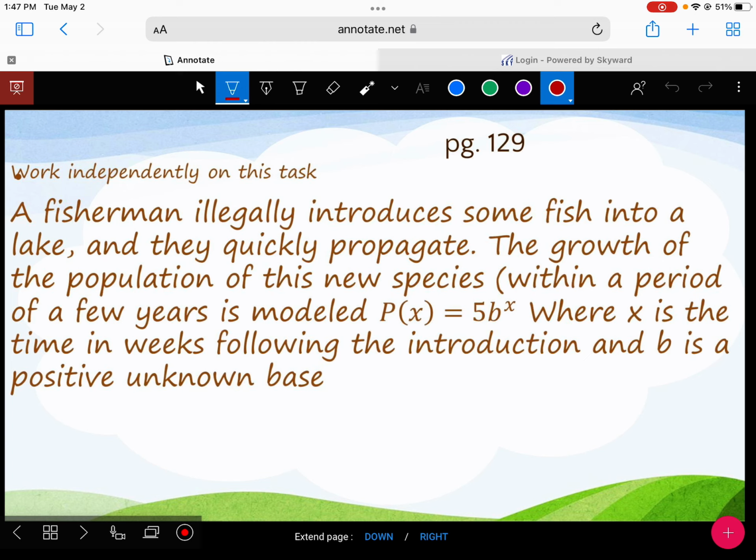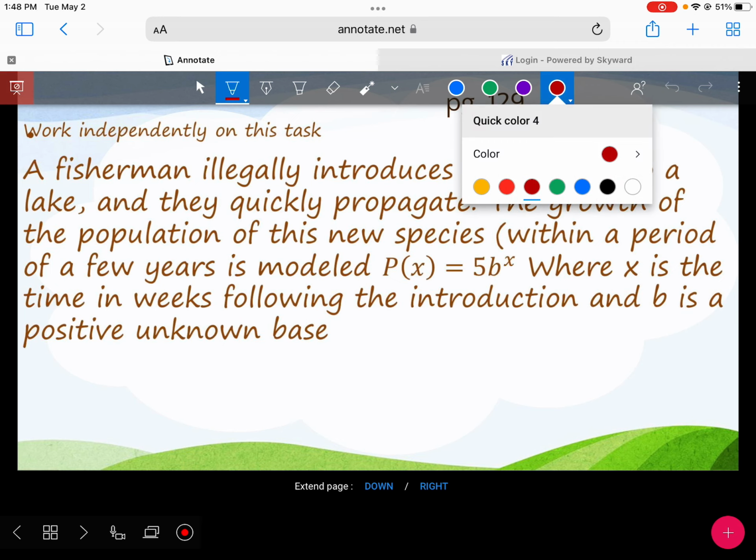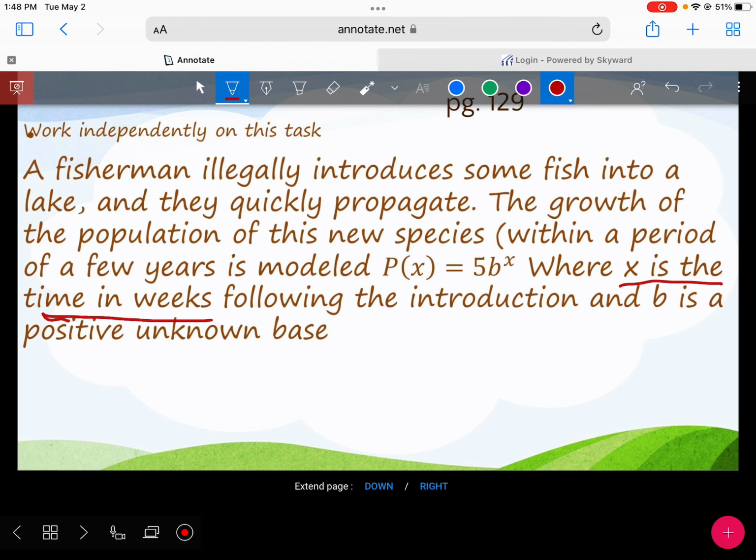Anyway. Okay. The growth of the population of this new species within a period of a few years is modeled as P of X is equal to 5 times B to the X power, where X is the time in weeks following the introduction, and B is a positive unknown base.